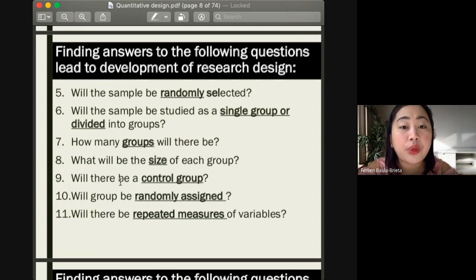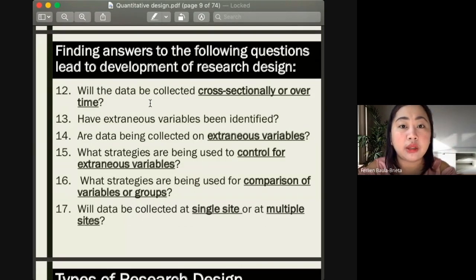Another is, will there be a control group, or will groups be randomly assigned, or will there be repeated measures of variables over a longer period of time? Will the data be collected cross-sectionally, meaning the respondents answer at a single point in time, or do you want to get the respondents' answers over a longer period of time?